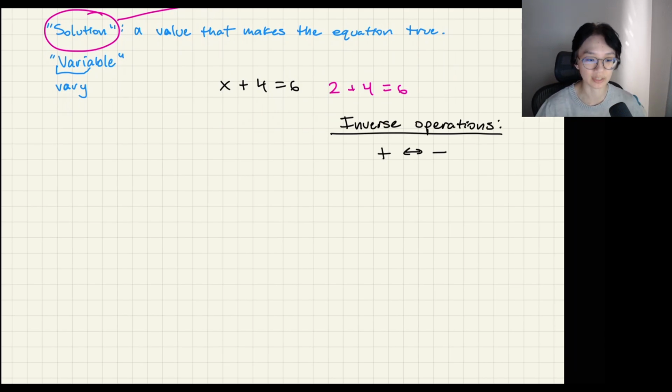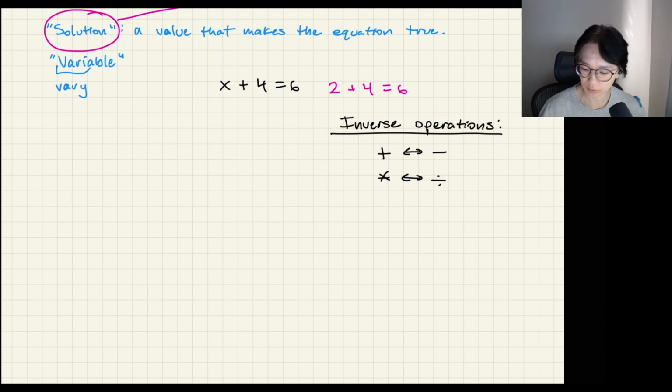You subtract. I give you 4 marbles. I want you to have 0. I take away those 4 marbles. I give, I add; I take away, I subtract. Multiplication is the inverse operation of division. That one's a little bit harder to explain, where now you have multiple groups of things, and the opposite of that is dividing those groups or separating them into things. Just remember those are the inverse operations, things that cancel each other out, things that are opposite of each other.